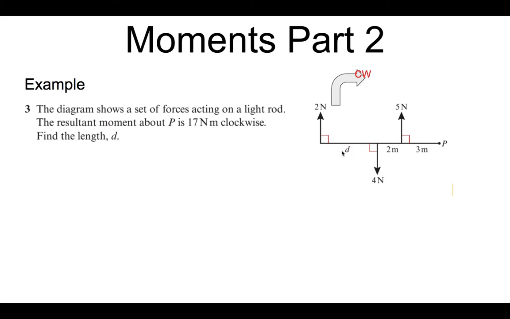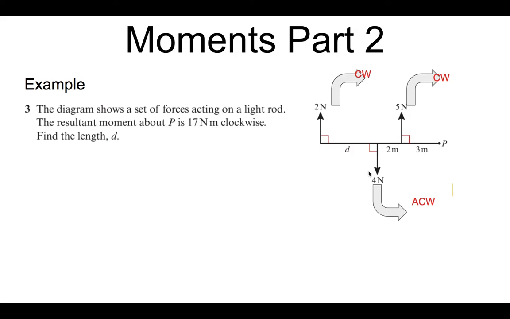In the same way, this 5 Newton force would also pull the rod in the clockwise direction if you look at my cursor there. The 4 Newton force, if we were to pull it downwards, then this rod would start going like this, so it would be in the anti-clockwise direction.